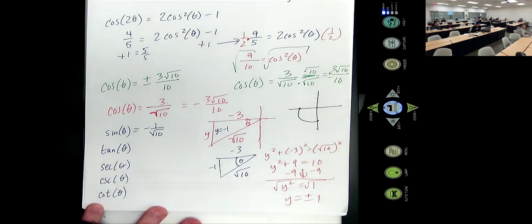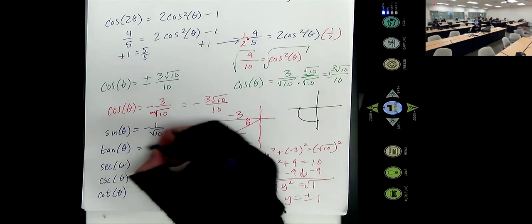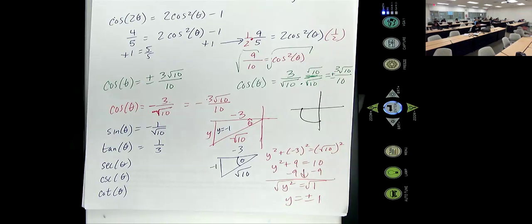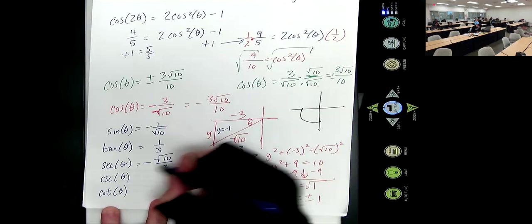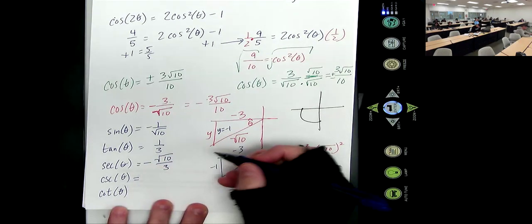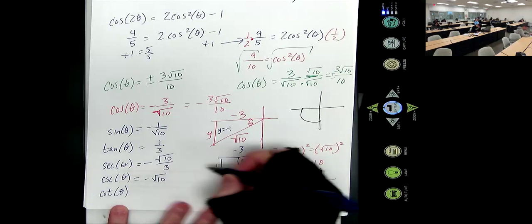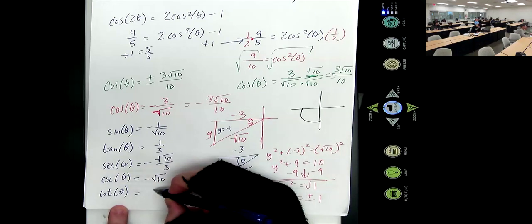Without cleaning it up, that'll work. What about tangent theta? One-third. They're both negative, so the negatives cancel out. Secant theta is the negative square root... yeah, just flip over cosine. And for cosecant, we flip over sine. And for cotangent, we flip over tangent.